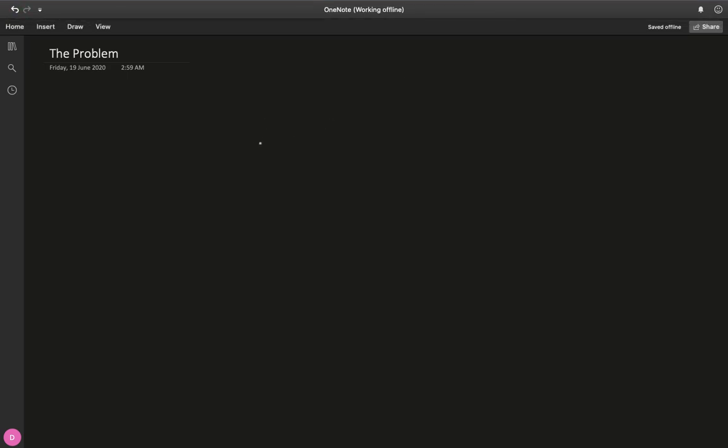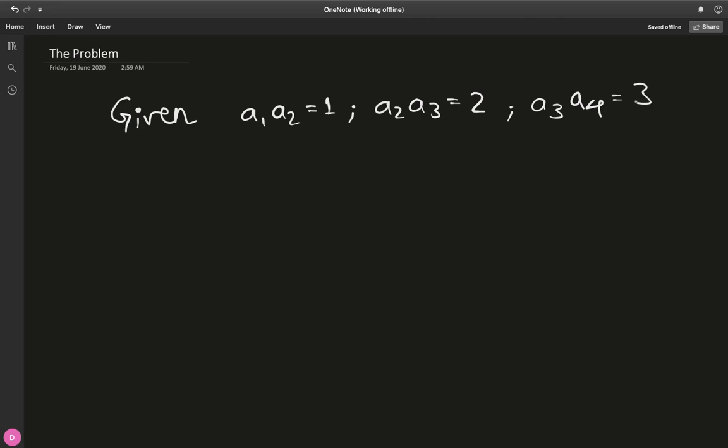Okay, so the problem goes this way. Say we have some given conditions. Given a1 a2 is equal to 1, and a2 times a3 is equal to 2, and a3 times a4 is equal to 3, and so on.